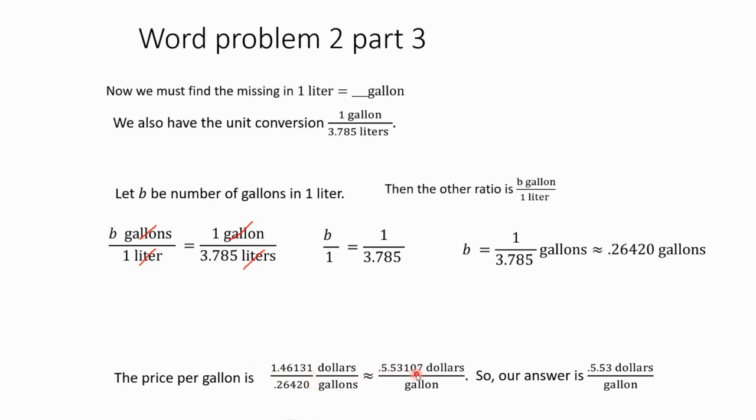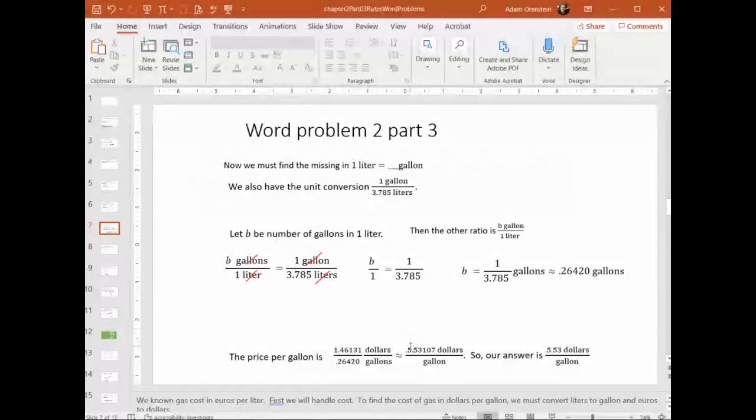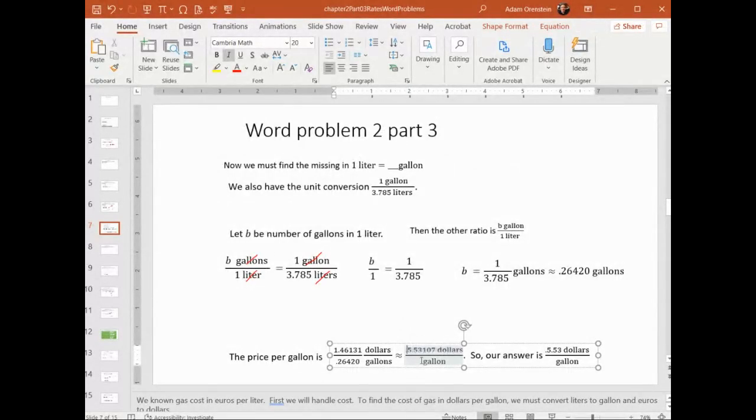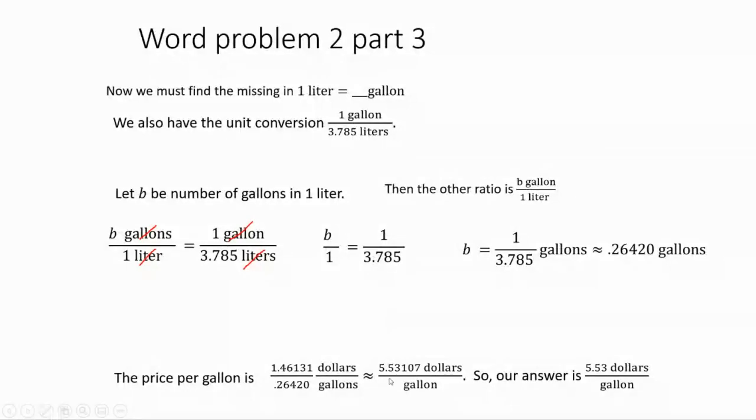We divide, and that's what I'm doing here. When you carry out this division, you get this. That should be 5.53. It's right, but there's an extra decimal in there. Let me fix that. Okay, there we go. It's 5.53107, which, if you round to 2 decimal places, is $5.53 per gallon.